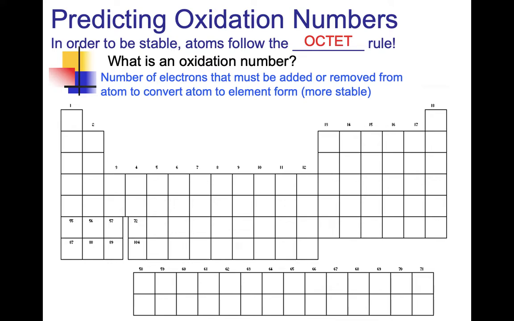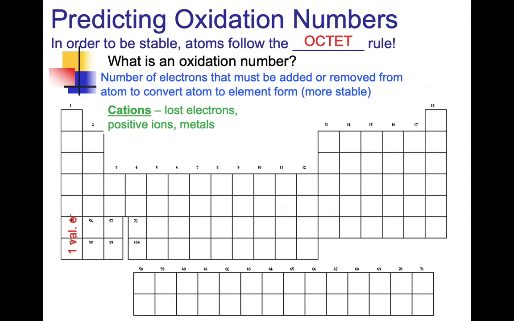Cations are positively charged. We've talked about this before. They are going to lose electrons, and if you lose a negativity, you become more positive. These are the metals. So we're talking about groups 1, 2, 13, some of the ones in the lower P block, and then all of the transition. We're going to leave the transition for another time, though. So group 1, we know, has one valence electron.